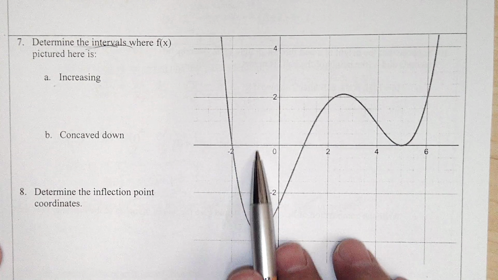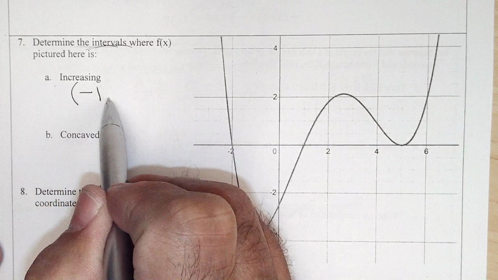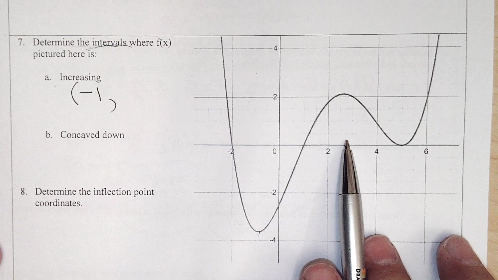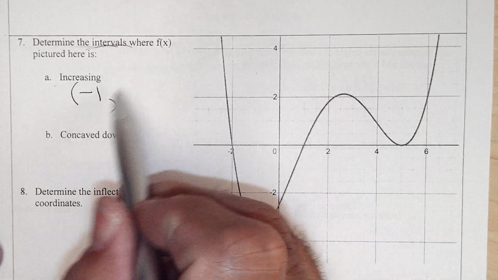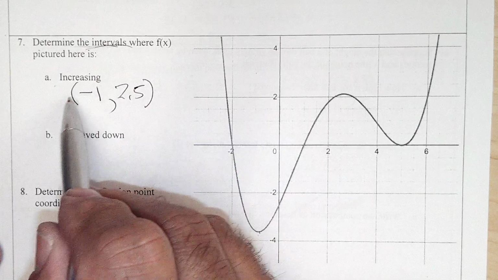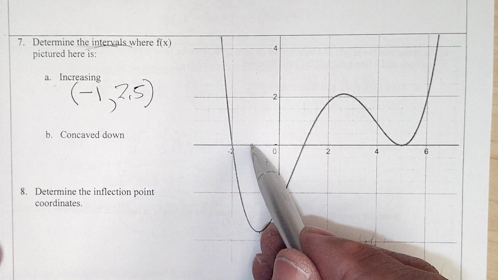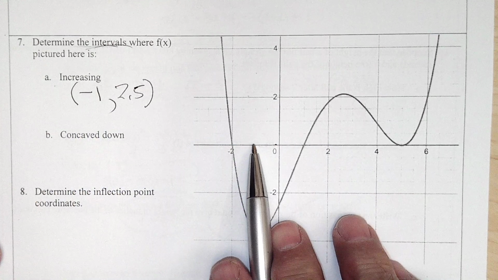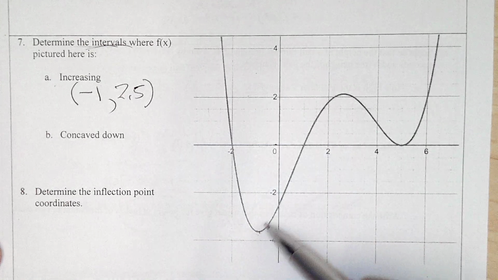Starting at about -1, going from -1 till 2.5, 2 3/4, something there, on the interval. So this is not a point. It's from x starting at -1 up to 2.5. This graph is going up.